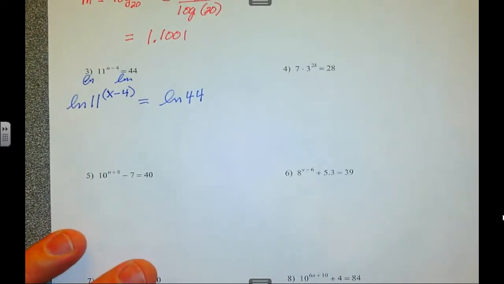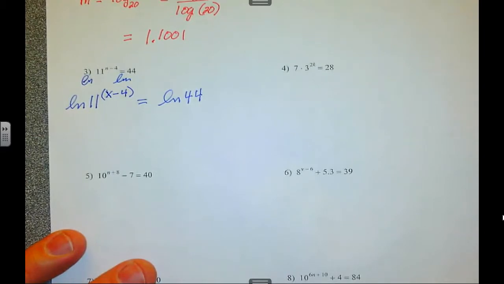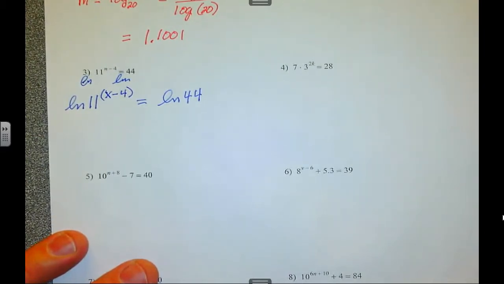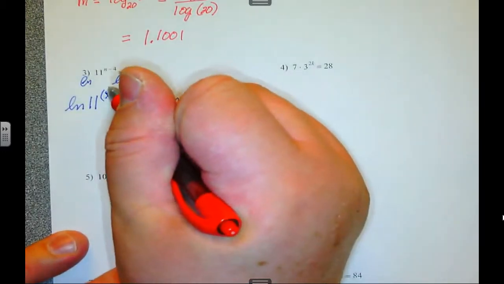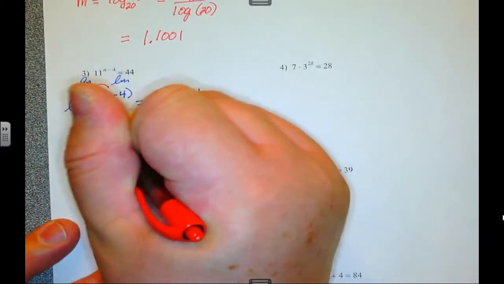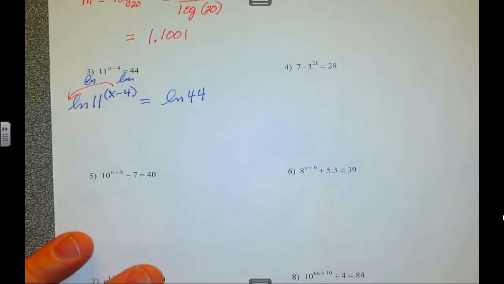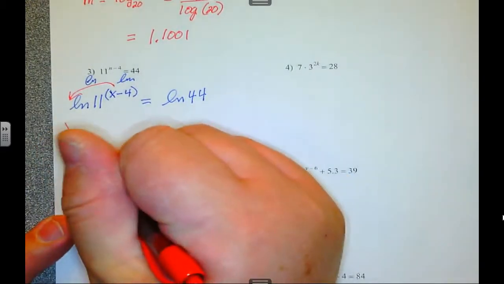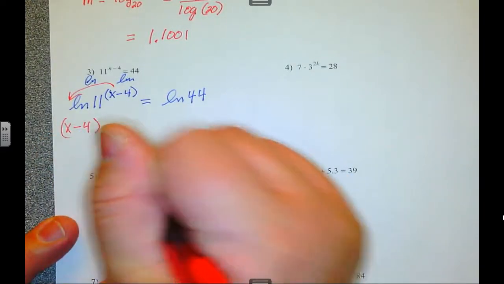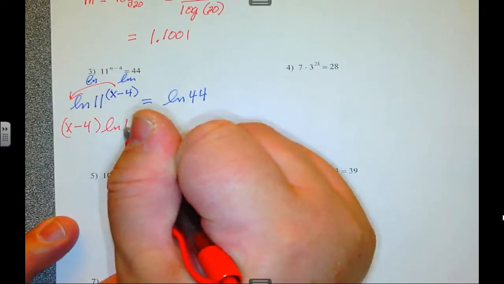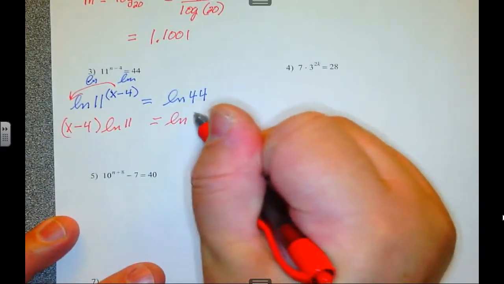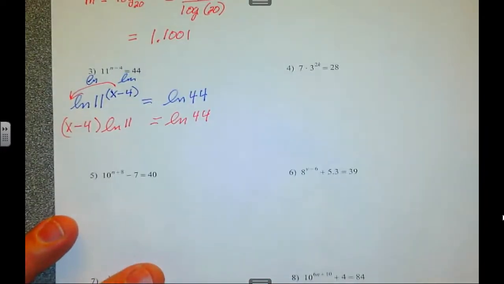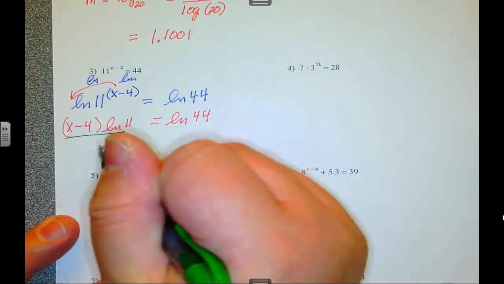This wasn't on your notes. I need to bring that out, because that's my exponent. So I have x minus 4 times the ln of 11 equals the ln of 44. Divide both sides by ln of 11.